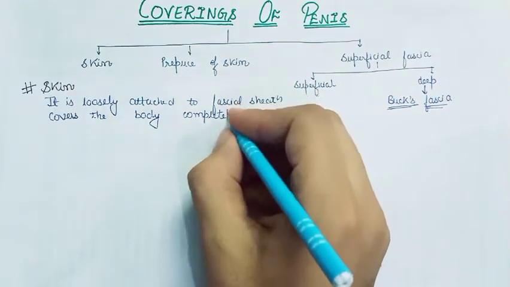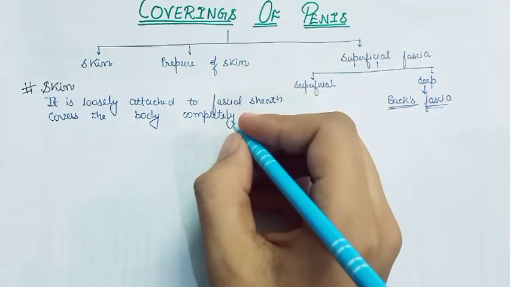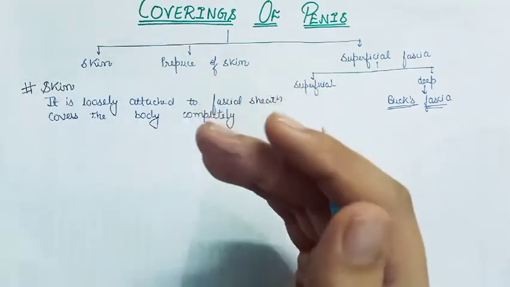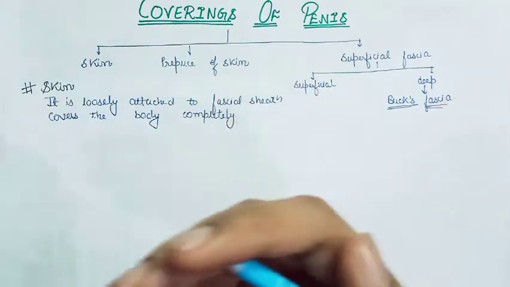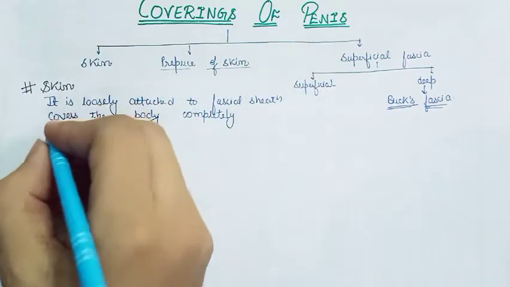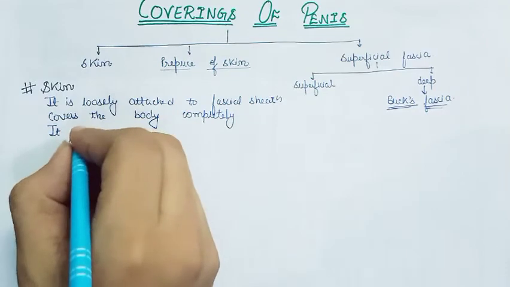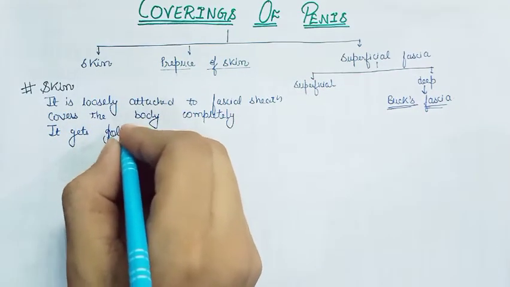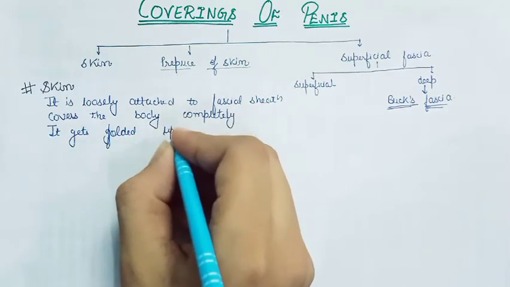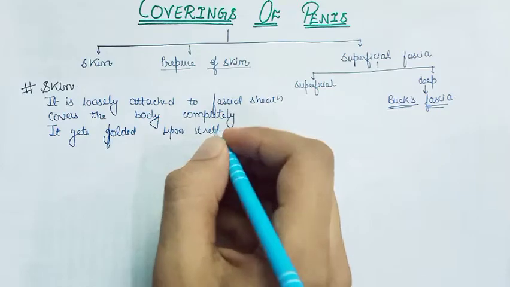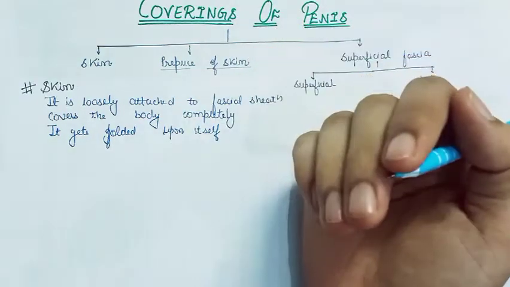So what about the glans and the neck? At the upper part of the neck, the skin gets folded upon itself to form a new structure which is called the prepuce of the skin. That is why in the beginning I said the prepuce of the skin comes under the heading skin.